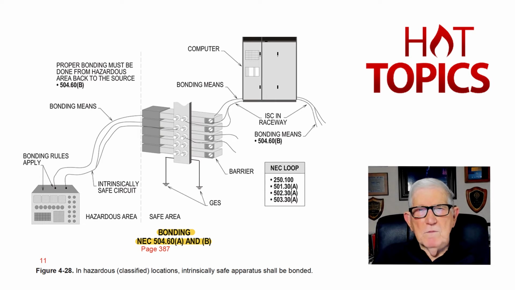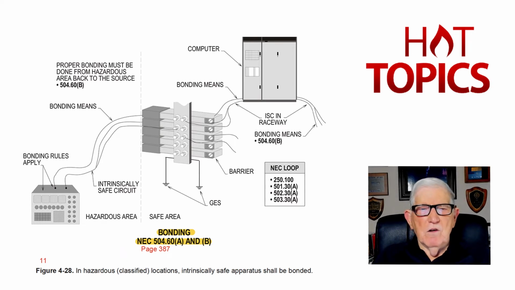So this is just bonding. And a lot of times people say, well, why in the world do we have to bond? It's intrinsically safe. Well, the reason for it is other voltage from other power sources and things that could get on it that is too high and could damage components and wiring on the system.